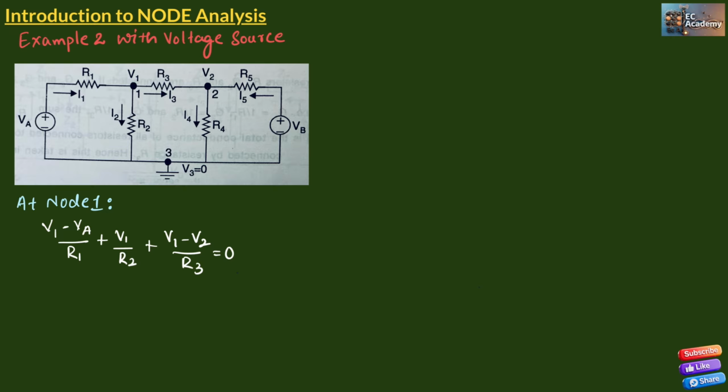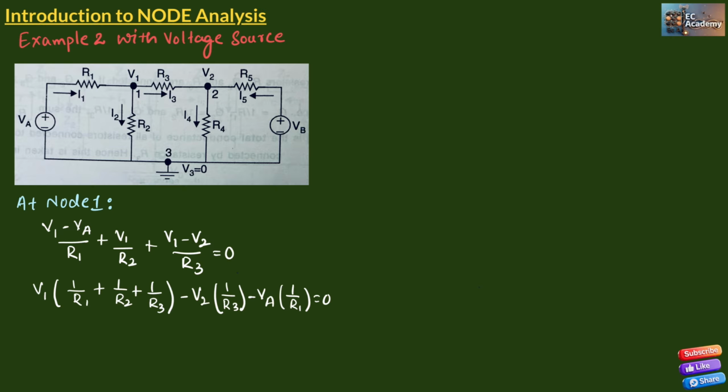Now, if we rearrange the above equation with respect to V1, V2 and VA, we can write V1 into 1 divided by R1 plus 1 divided by R2 plus 1 divided by R3 minus V2 into 1 divided by R3 minus VA into 1 divided by R1 will be equal to 0.